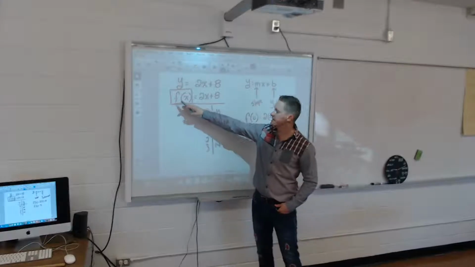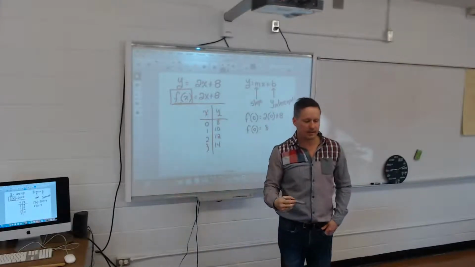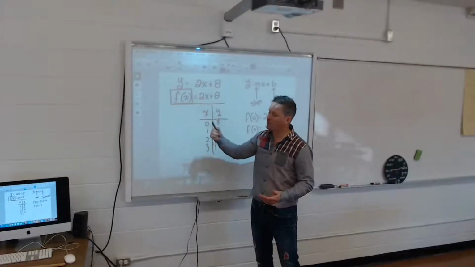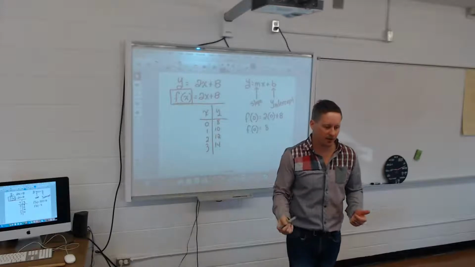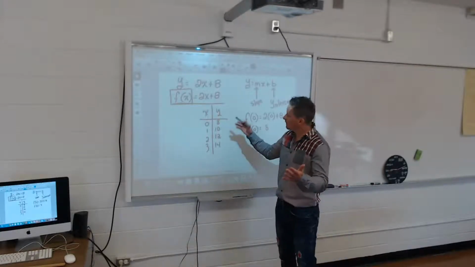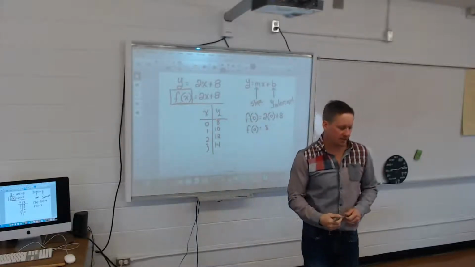This has a tendency to confuse people, but really all it means is it's another way to write y. And what is the point of it? The only point of it is to tell you that it's a function. And that's it. So that's all that we need to know about that in 6.4.